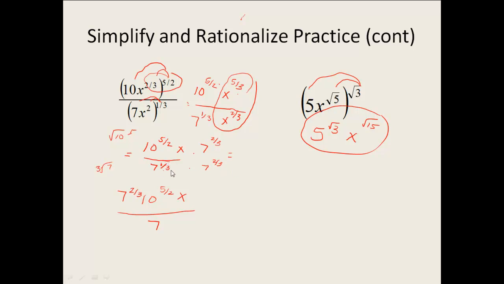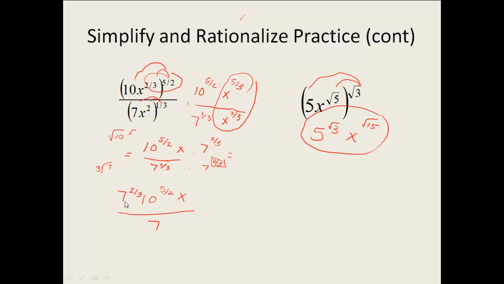So I had to take 1/3 plus what value would give me a 1. Well, that would be 2/3. So I took the top and the bottom times 7 to the 2/3 power. And on the top, I just moved the 7 to the 2/3 in the front instead of putting it behind the x. So I have 7 to the 2/3, 10 to the 5/2 x over 7.